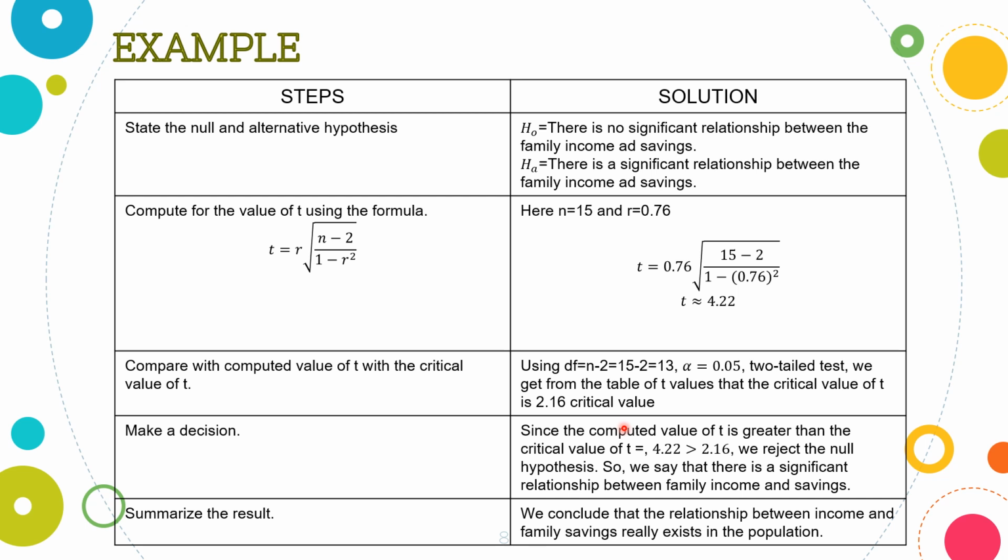That is where we decide whether to reject or accept our null hypothesis. Then we summarize the result, which tells us if the relation really exists between the two variables or not. Okay? If the computed R is significant, class, so in here, the computed R is significant because we reject the null hypothesis.